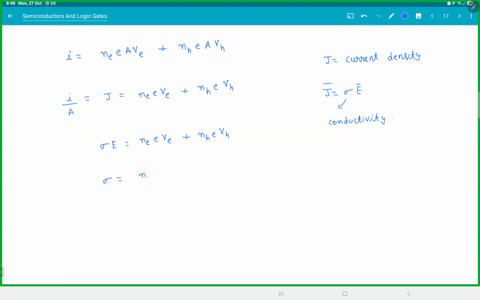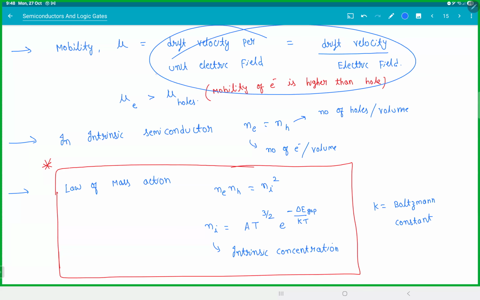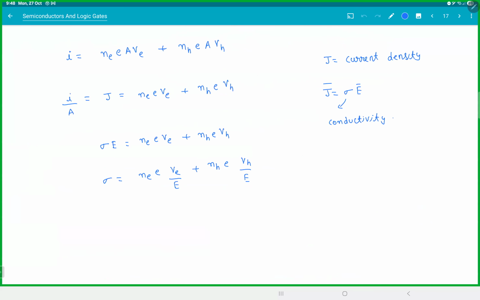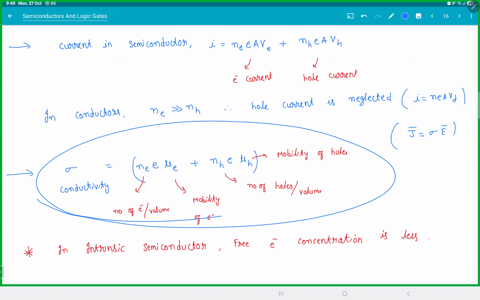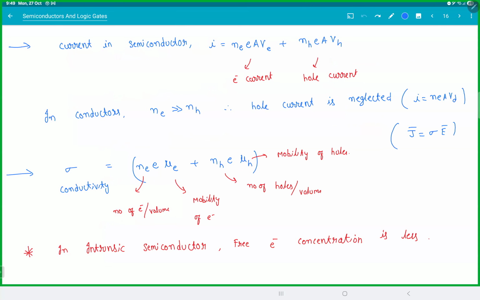If you divide by electric field, this will become Ne e Ve by electric field plus NH e VH by electric field. What is drift velocity per unit electric field? Drift velocity per unit electric field is mobility. So sigma becomes Ne e mobility of electron plus NH e mobility of holes. This is the formula for the conductivity of a semiconductor.